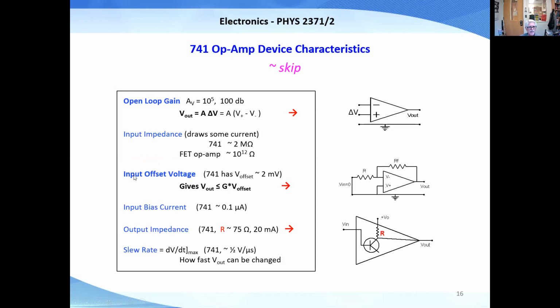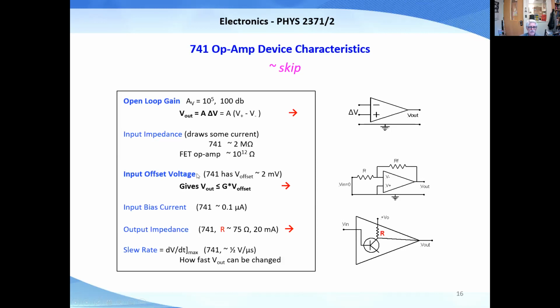Then there's something, the input offset voltage, and you're going to see this in a later experiment, that they can't match the transistors perfectly inside of one of these circuits. So it looks like there's always a little bit of voltage here, even when you try to put no voltage difference here. So you're always going to get some small output coming out of it, even when you don't put anything into it.